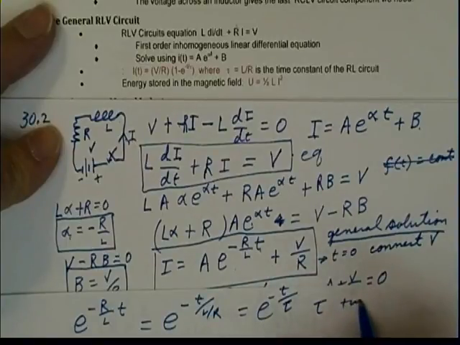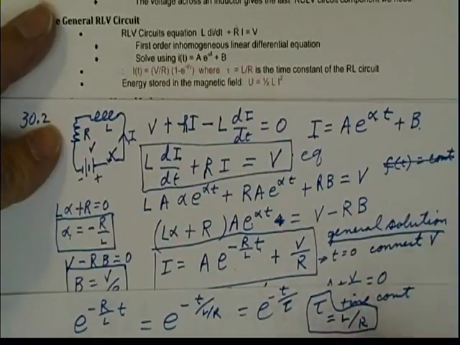Tau is the time constant. And this time constant is equal to L divided by R. And that's something that you need to remember.